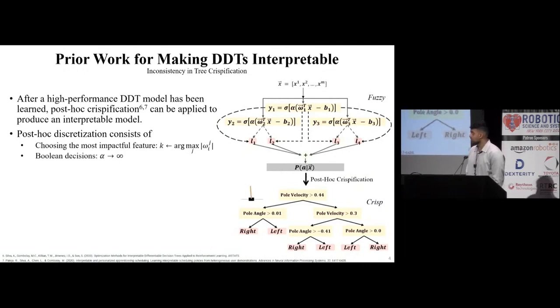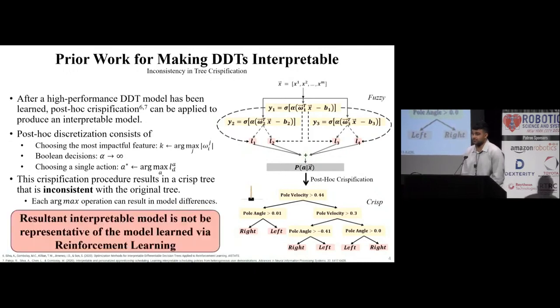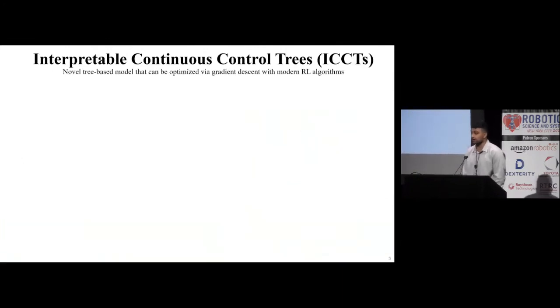Second, ensuring each decision node outputs Boolean decisions. And lastly, ensuring that each leaf node outputs a single action. While these steps successfully generated an interpretable model, the resultant model was inconsistent with the trained model, as each argmax operation resulted in model differences that can degrade performance. As such, the resultant interpretable model is not representative of the model learned via RL.